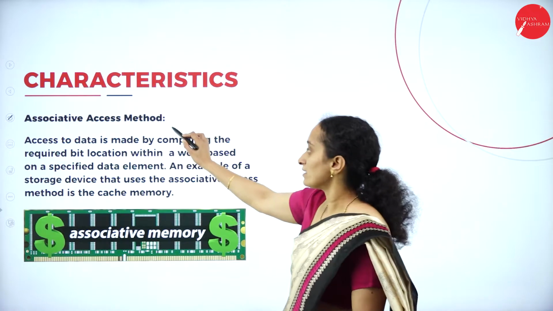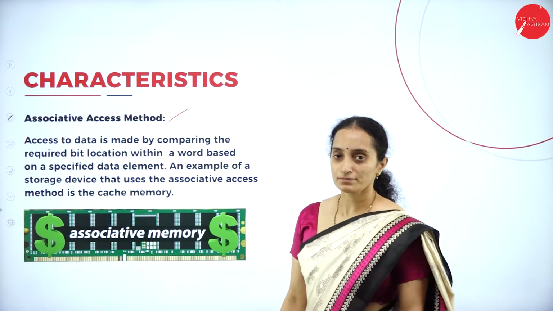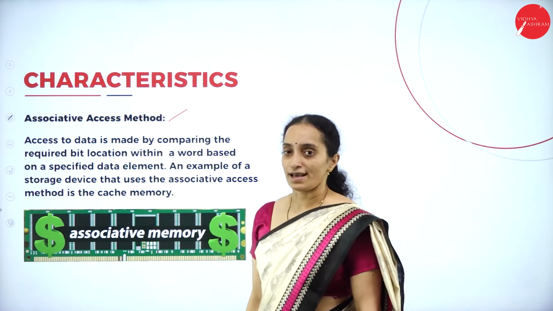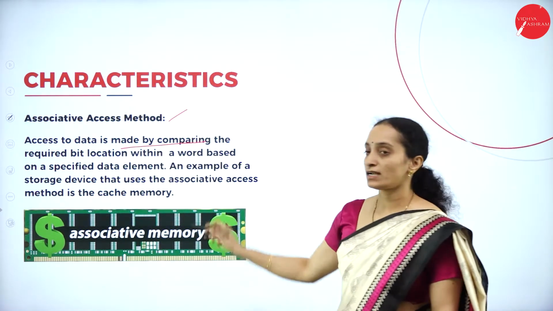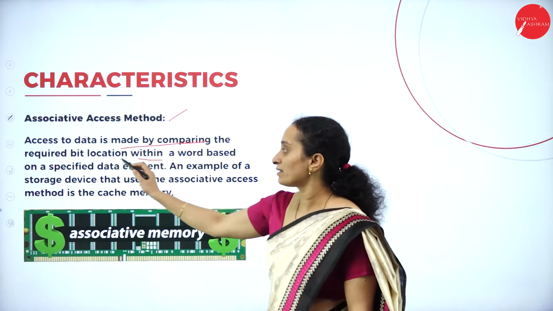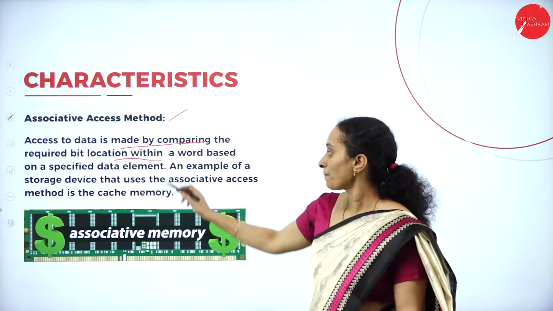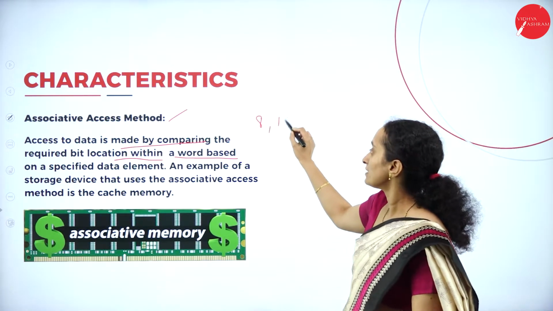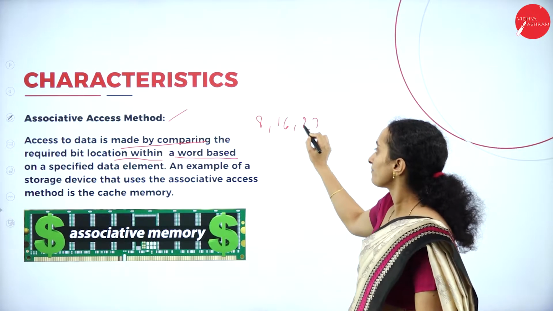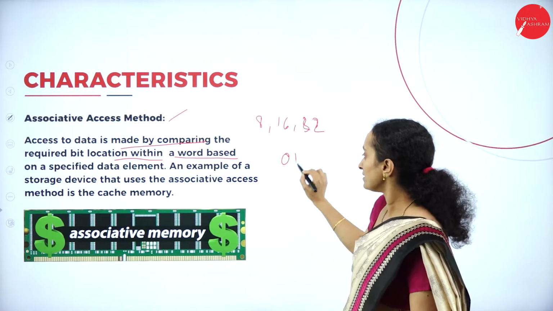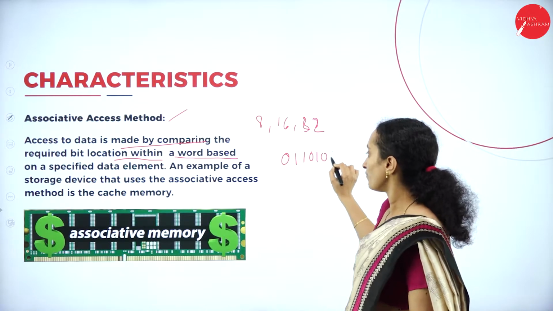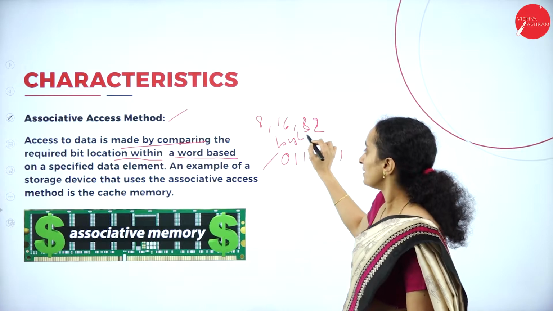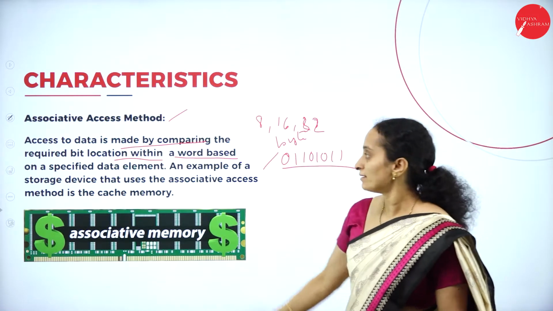Then we have the associative access method. How do you access data using the associative access method? Access to data is made by comparing the required bit location within a word. If a word is maybe 8, 16 or 32 bits, if you take 8 bits, say 0, 1, 1, 0, 1, 0, 1, 1, these 8 bits make a byte.